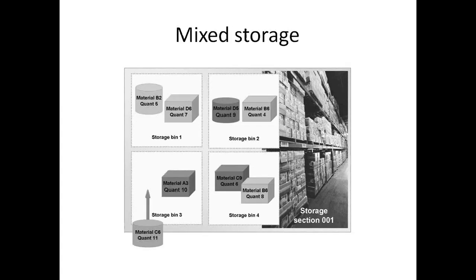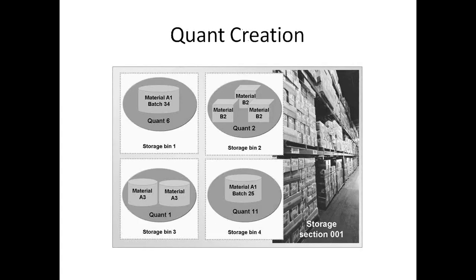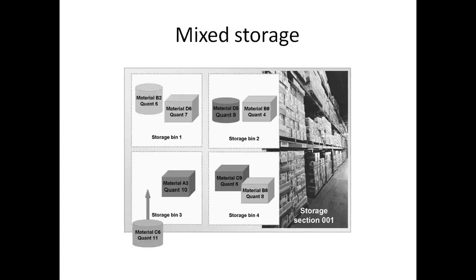Okay. See, here is the example. I see the quant creation, and this is a mixed storage. A mixed storage is like a storage bin containing multiple quants. So we see here material B2 has quant 5, material D6 has quant 7.